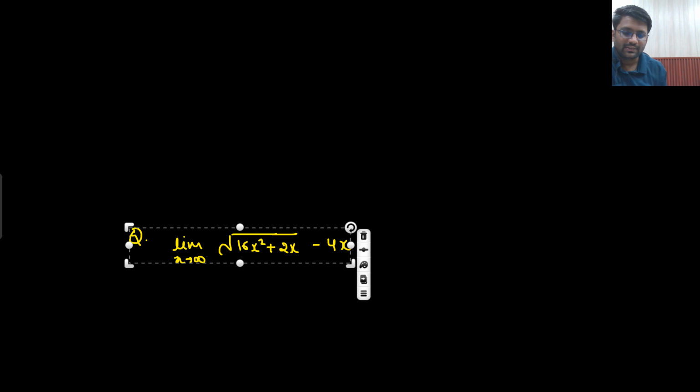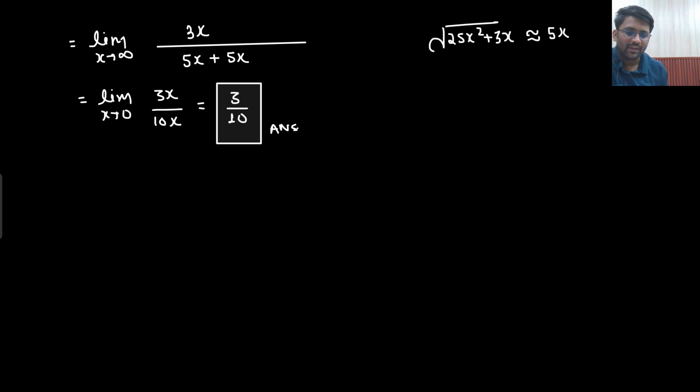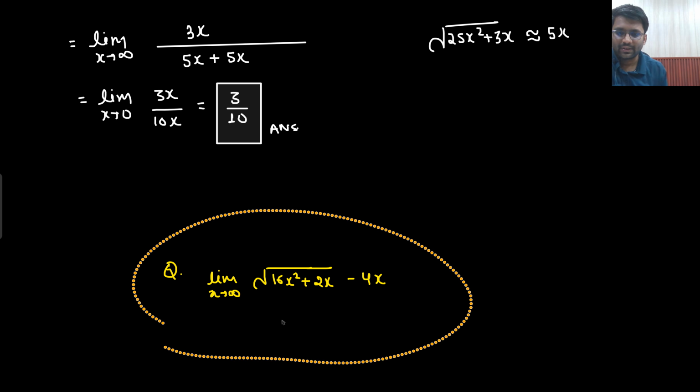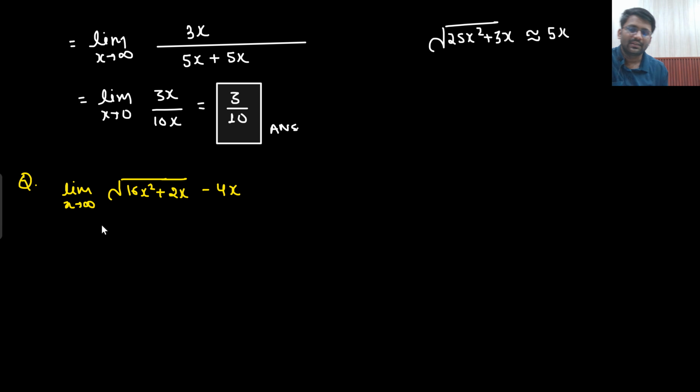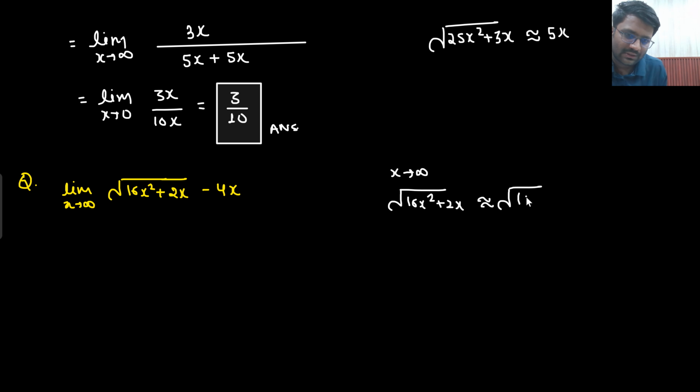Okay, so I will take this example as well. This is our second example, but we have the space, so let's take this example here only. Again, here also, sir, I will apply the same thing. What my intuition says is that if x is tending to infinity, that means x is a very large value, sir. Since x is a very large value, under root 16x square plus 2x could be approximated to under root 16x square only.